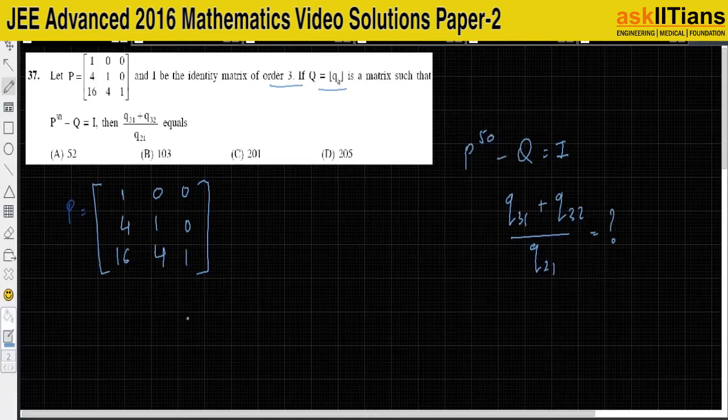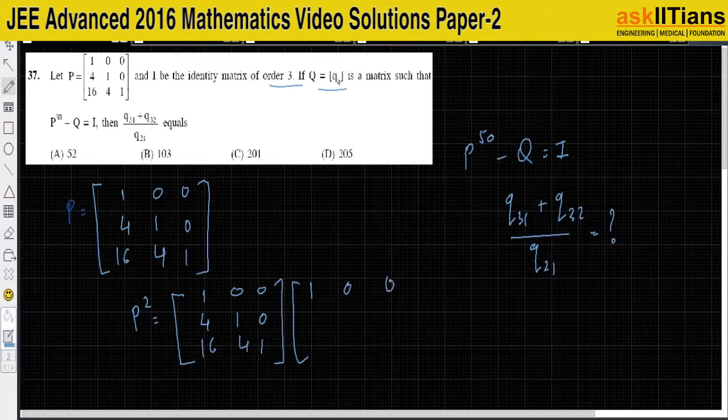Now we already know P, so let us find out P power 50. For that, first of all, I will have to find P square. So I'll just multiply this matrix with itself.